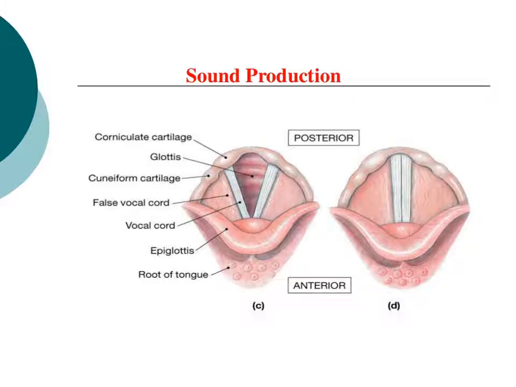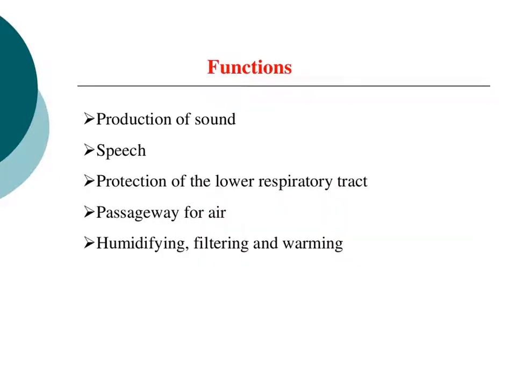Sound production. See the diagram of posterior and anterior cartilage, which is used in sound production. Functions: production of sound, speech, protection of the lower respiratory tract, passageway for air, humidifying, filtering and warming.